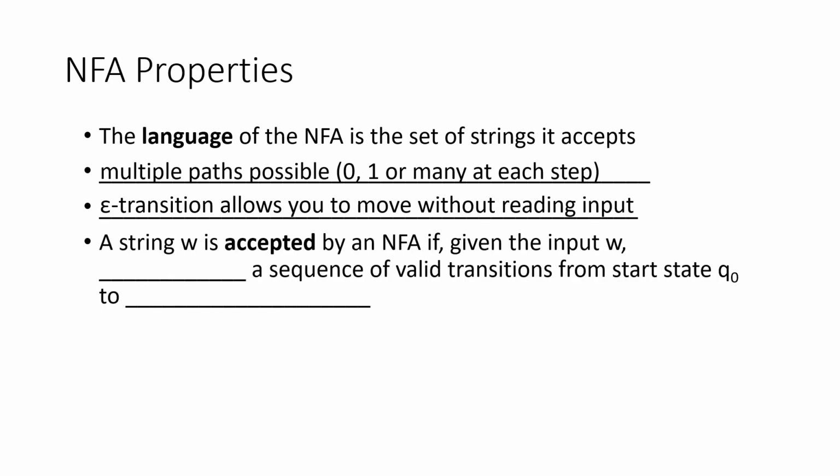Then, a string W is accepted by an NFA if, given the input W, there exists a sequence of valid transitions from the start state Q0 to at least one accept state. So the important thing to see here is that there has to be just one sequence that works.